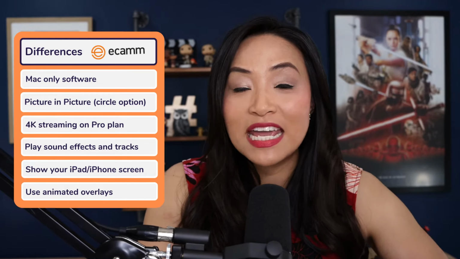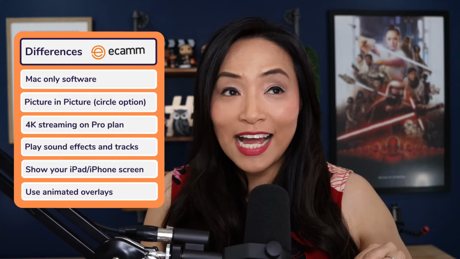One of the big things for me, why I go with Ecamm Live, is that it allows me to live stream in 4K because I'm pretty much just vain. That's the truth of it. I have a 4K camera. I want to use the 4K capability. I wouldn't say it's important, but it's something that I want to do. So Ecamm Live allows me to do that.